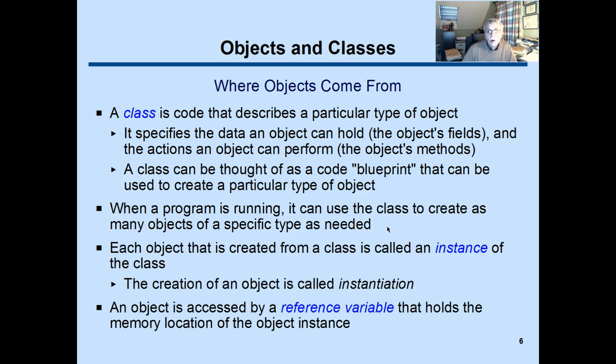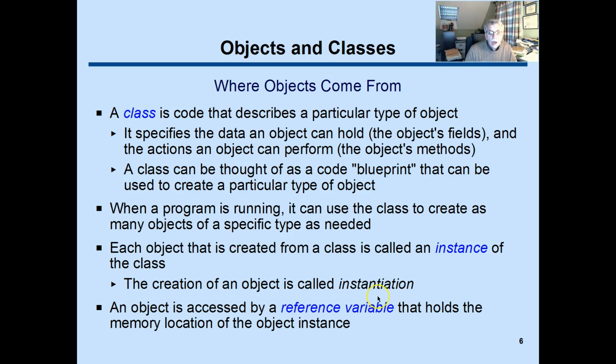We may have used the scanner object to receive input from the keyboard, interactively entered by the user, and at the same time we have another scanner object created to read input from a text file. So again, we can have more than one instance of a class, multiple objects of the same class instantiated and operational within a program. And that's pretty exciting.